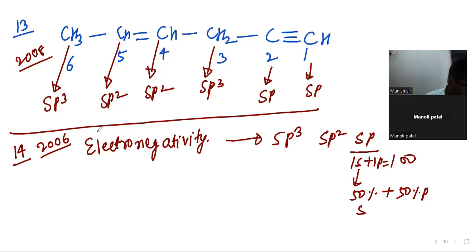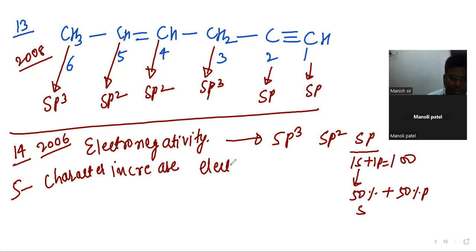Due to the increase in s character, the electron attracting tendency increases, because s orbital character increases electron attracting tendency.